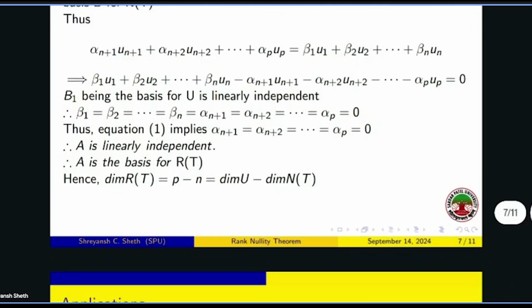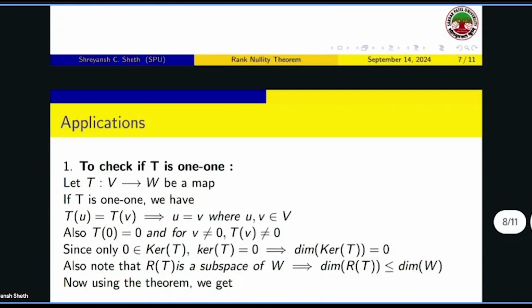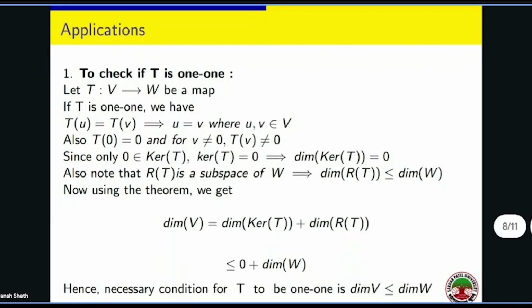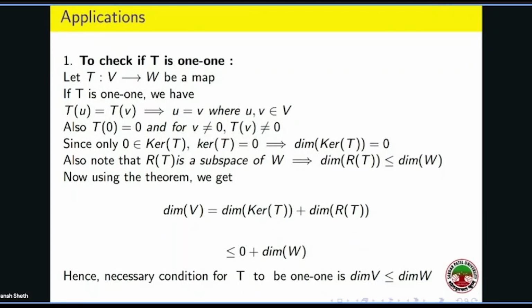Now we move towards the applications. So the first application is, if we want to check that a given transformation is 1-1. So let us take a transformation T from V to W be a map.